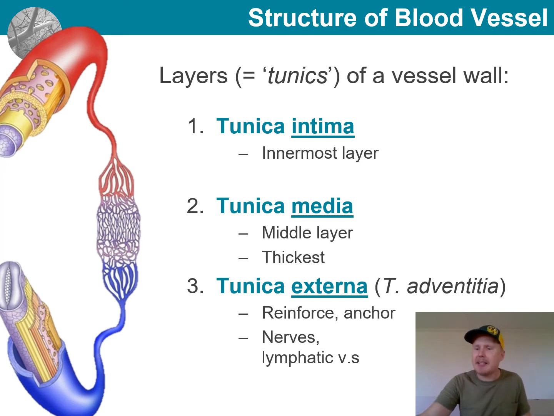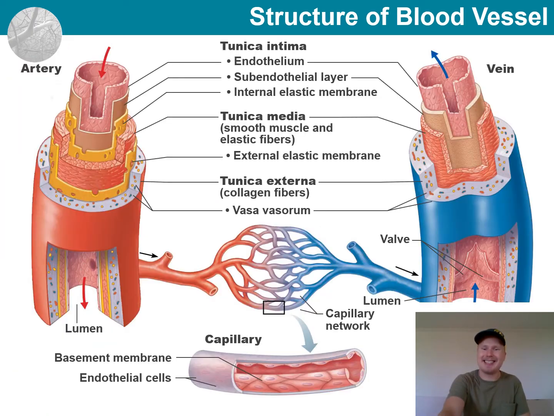And I have next here a rather nice diagram illustrating this. And on this diagram, please note that the three layers that we just talked about are there: tunica intima, tunica media, and tunica externa.